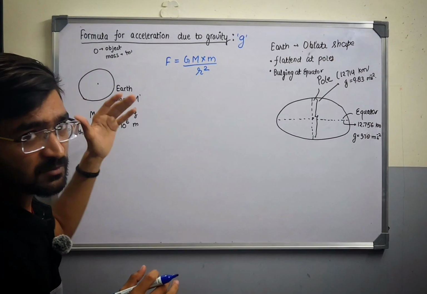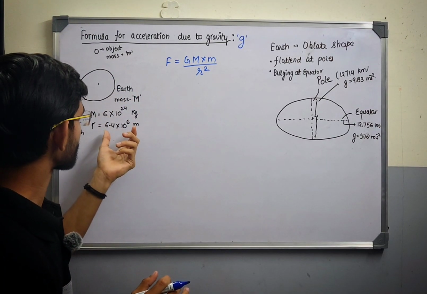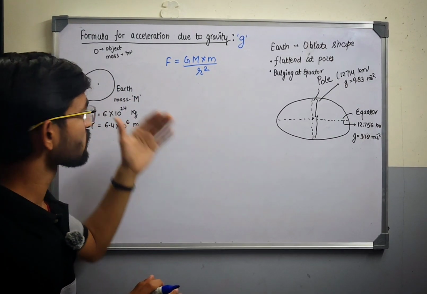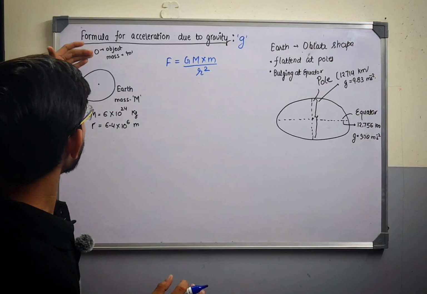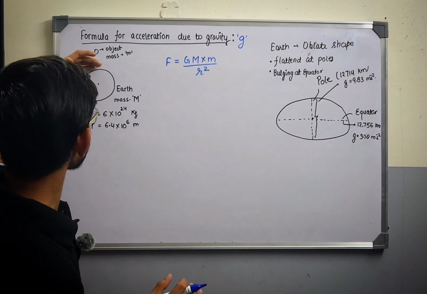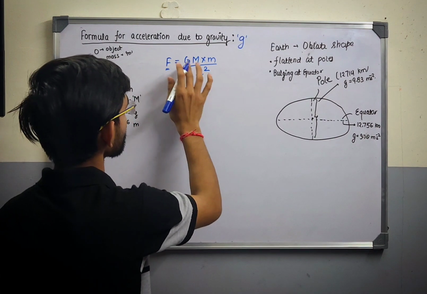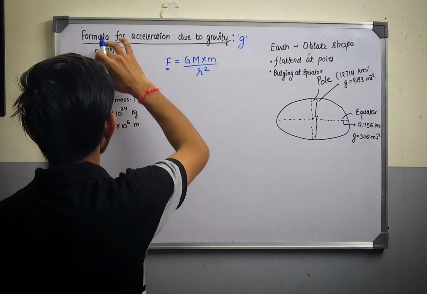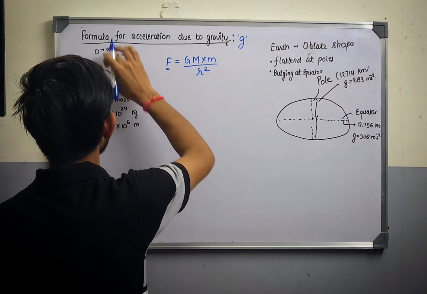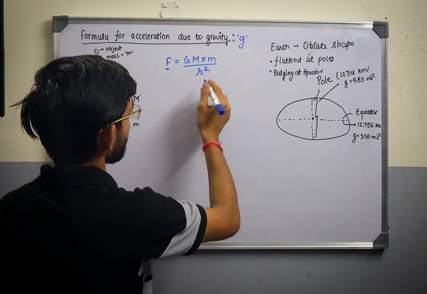Suppose 10 meter, 20 meter, and the radius of Earth is 6.4 into 10 raised to power 6 meter, then we can ignore the distance between the surface of Earth and this object. This is the gravitational force between this object and this Earth.